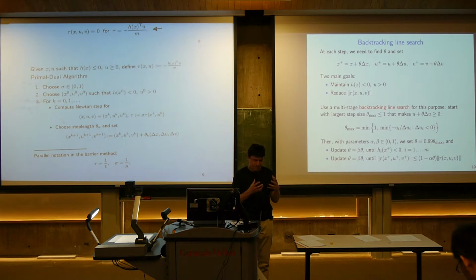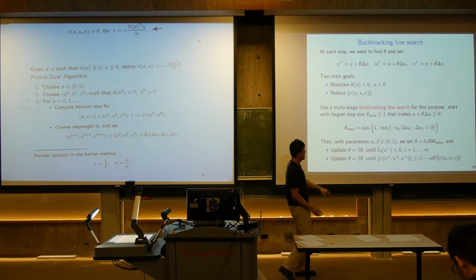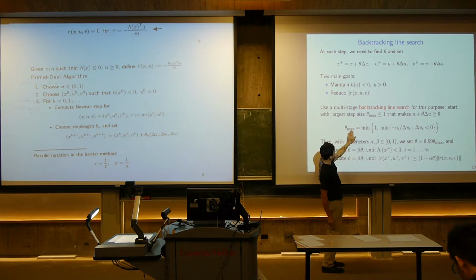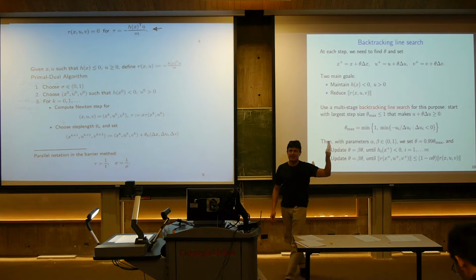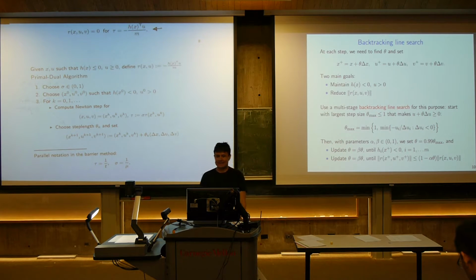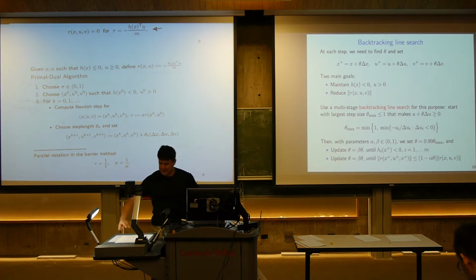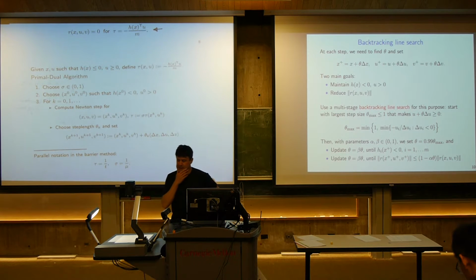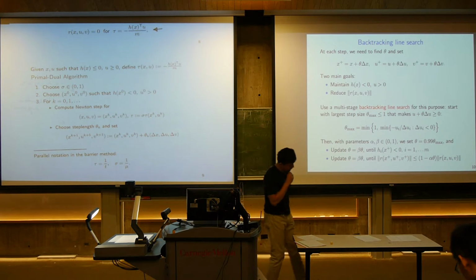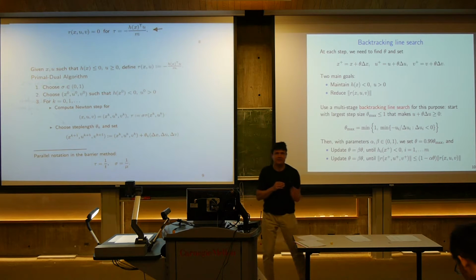Again, because that's connected to a very special property of Newton's method. So that's why the backtracking here begins at 1, as opposed to a possibly larger value. Okay. So those are the main details of the primal-dual interior point algorithm. There are a few other bells and whistles, but those are the main details.